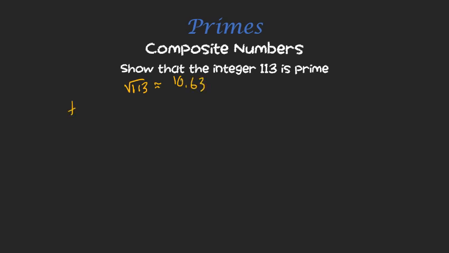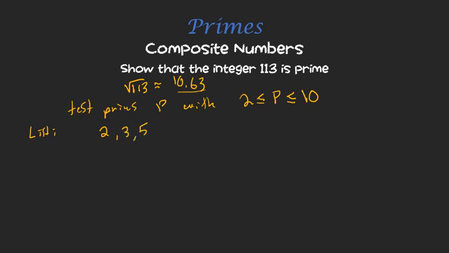So test primes p with 2 less than or equal to p less than or equal to 10. It needs to be less than or equal to 10.63, hence less than or equal to 10. And so if I just write out the primes between 2 and 10, I'll know exactly what to test. This is my list to test: 2, 3, 5, and 7. Those are the only ones we need to test in order to detect if this is prime.